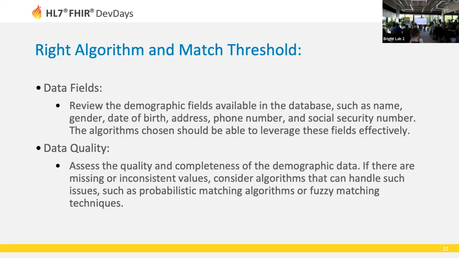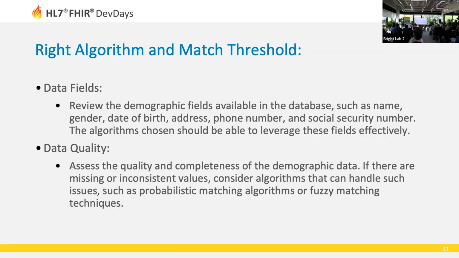Data quality. Again, you have to assess the quality and completeness of the demographic data. So if you work in a hospital and there are lots of identical twins with names like baby boy, baby girl, again, we are not judging, but these are the default values.